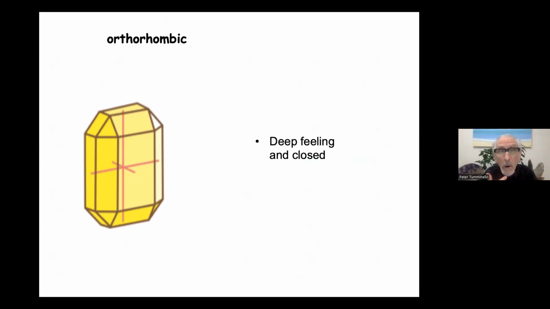For the next four, it's the feeling processes. These people tend to be deep feeling and closed. They tend to be accommodating of others. There's an instinctual power within them, often they're at the behest of that instinctual power, for better or for worse.